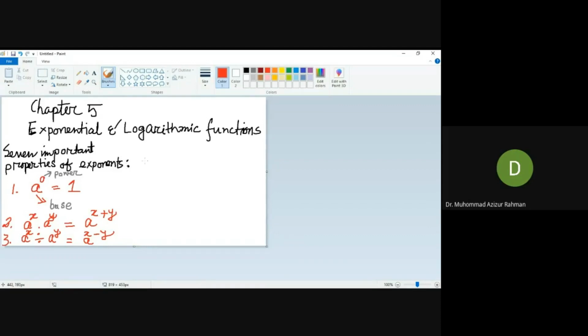If we have an exponential function a to the power x, and if we have to the power y, so basically it is the same base, x times y, a to the power xy. This is the property 4. Property number 5.